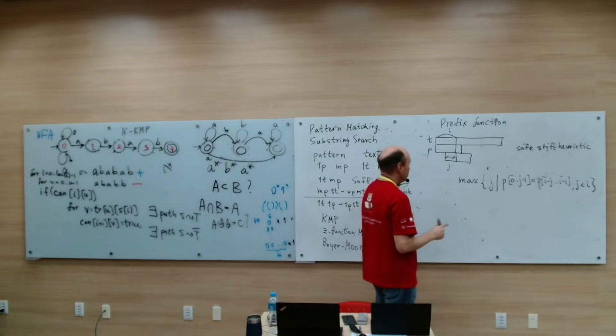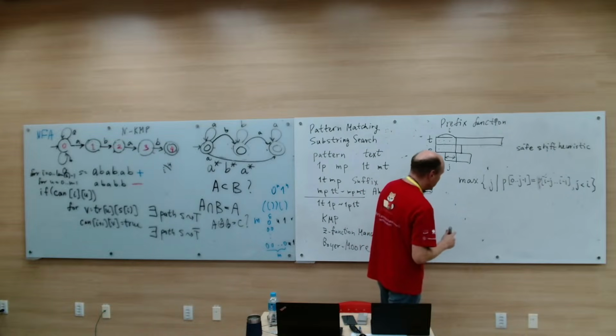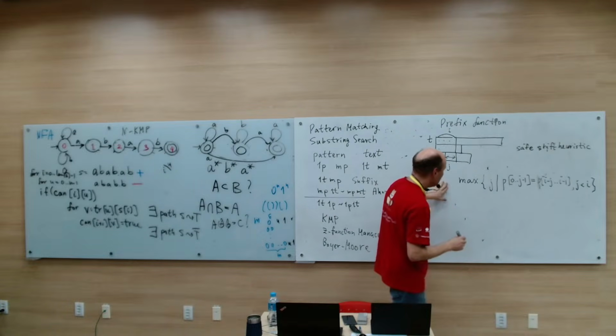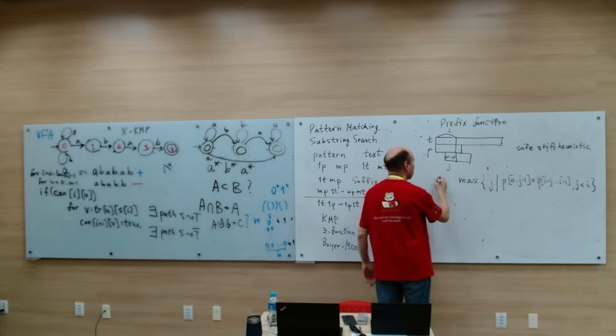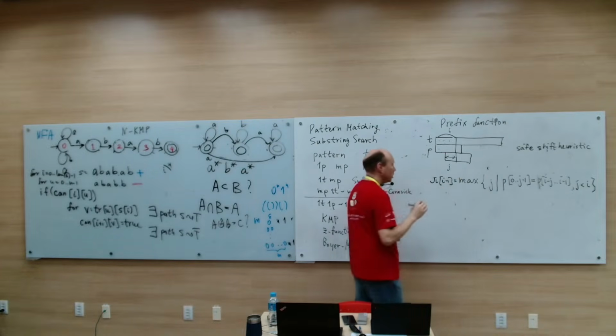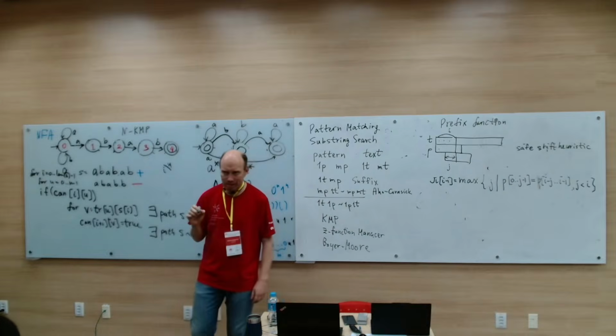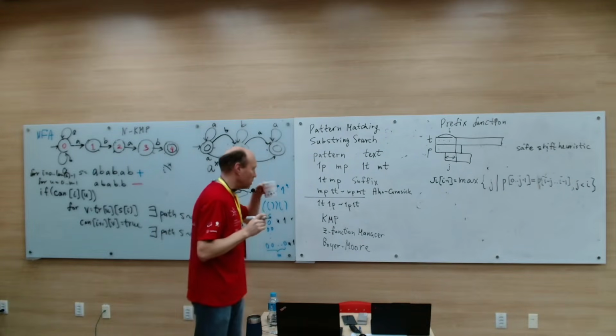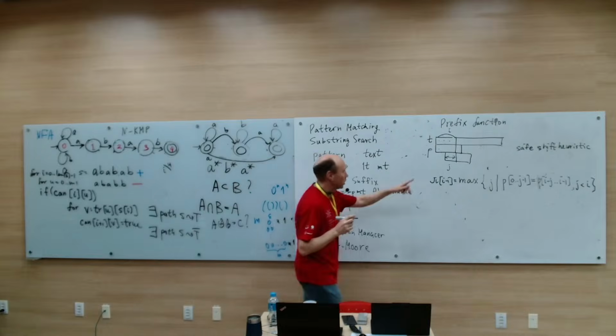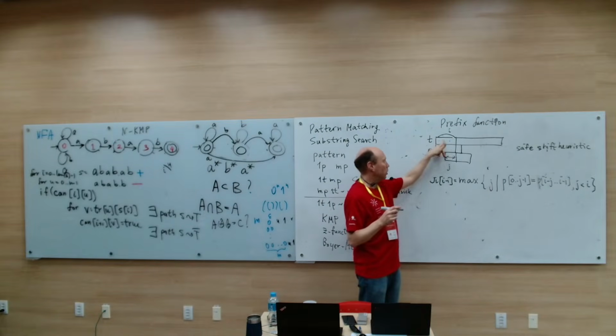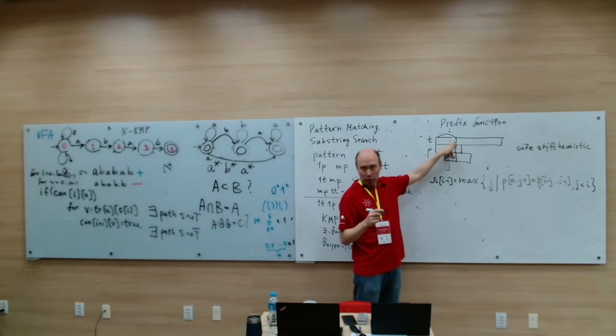Now I need to be sure that I don't make any stupid mistakes. It is called the prefix function for I minus 1, yes, because it's indexed from 0, so it's I minus 1.